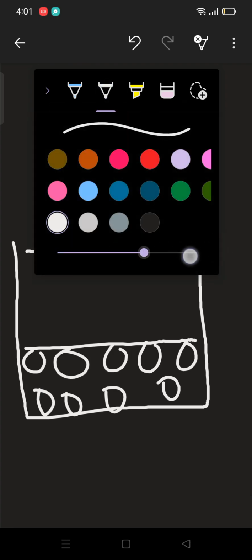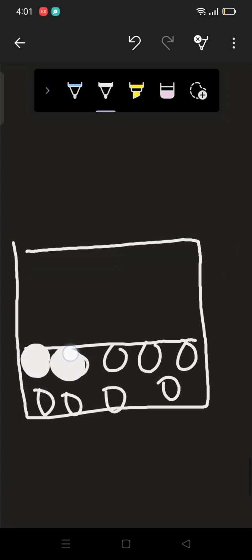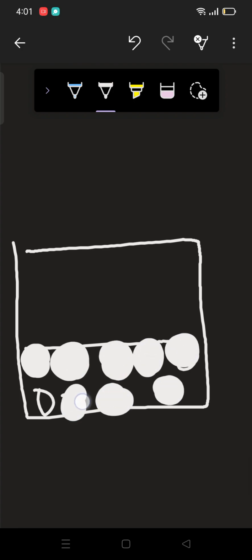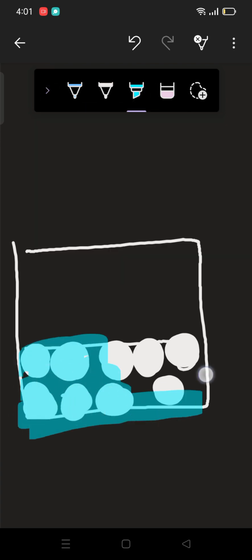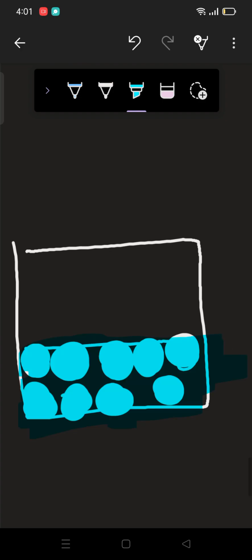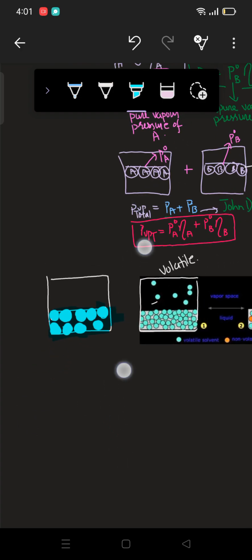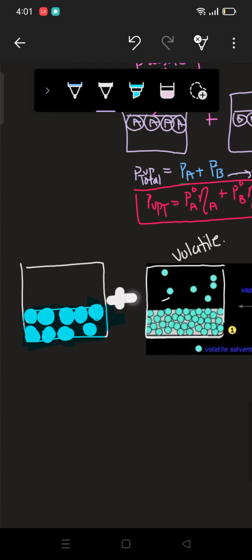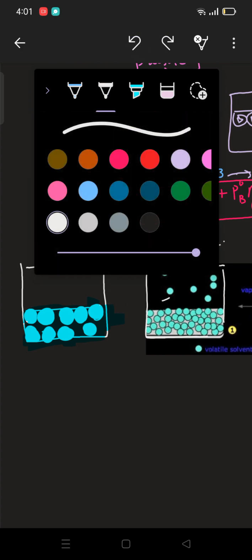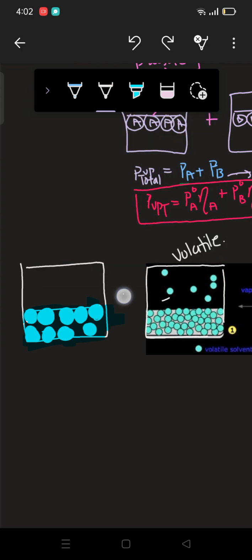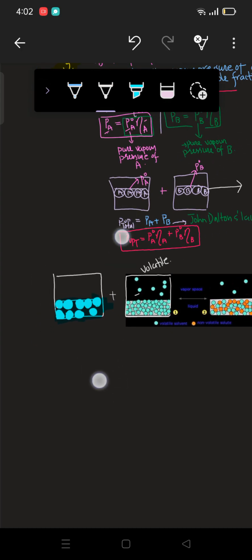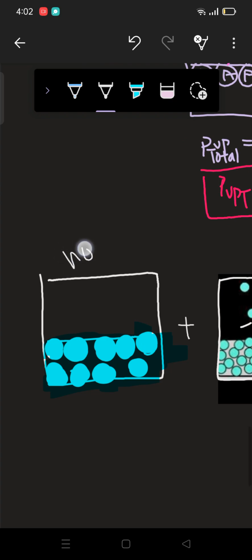And non-volatile are those which don't have the capability to make vapor pressure. So here we have got non-volatile, right? So this is non-volatile.